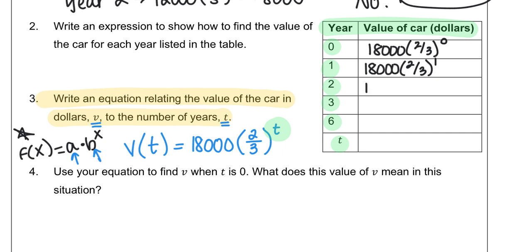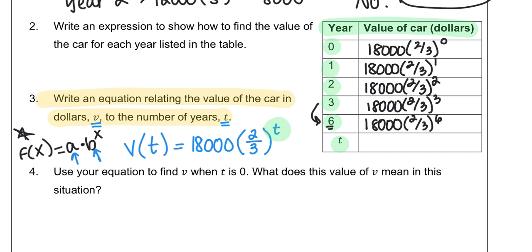For 2 years, 18,000 times 2/3 to the 2nd. 3 years, 18,000 times 2/3 to the 3rd. And now we skip a couple years in here, so we're jumping ahead to year 6, which is totally fine. We're just going to write 18,000 times 2/3 to the 6th.